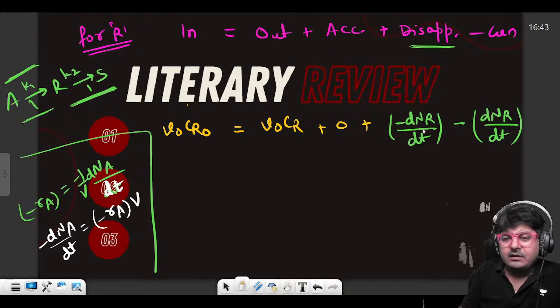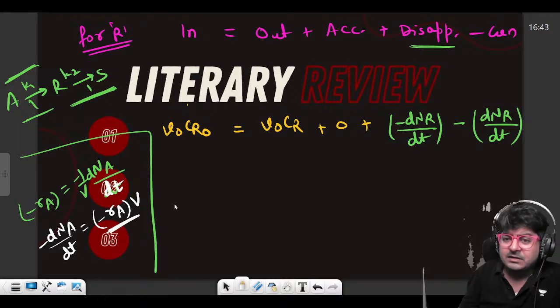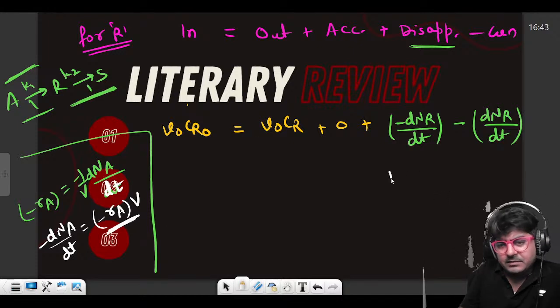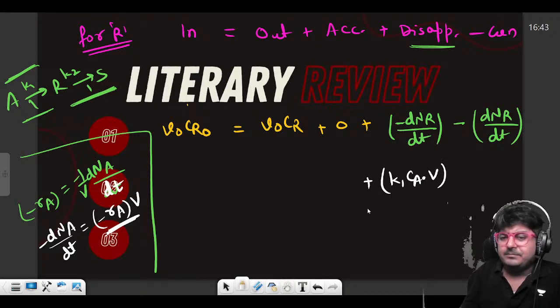Correct. Same here. Minus DNR/DT will be minus of RR into V. And what is minus RR? K1 CA into V. ये हो जाएगा टर्म.